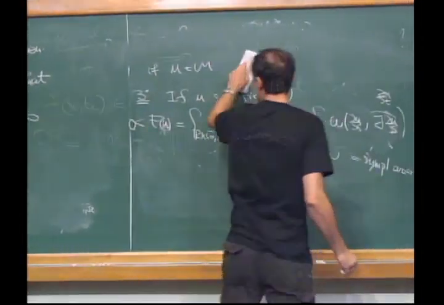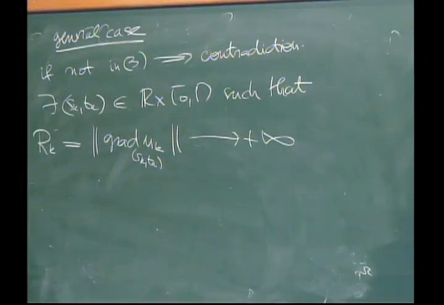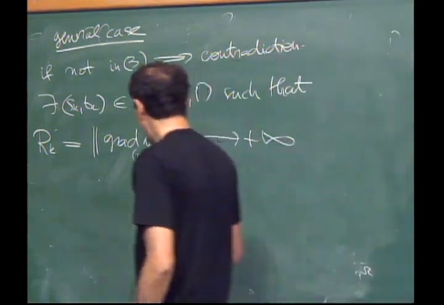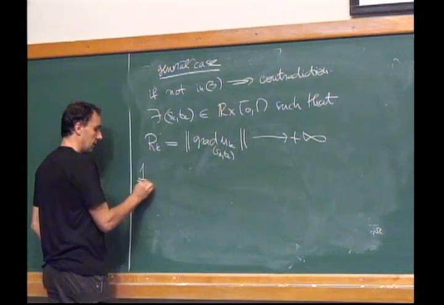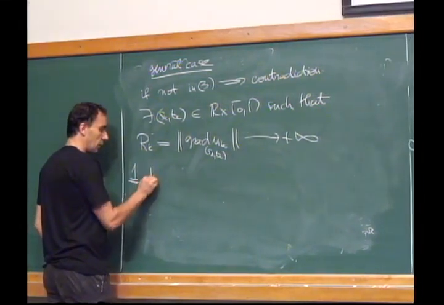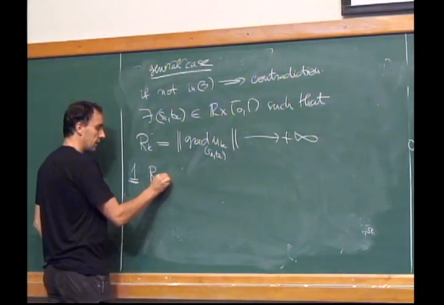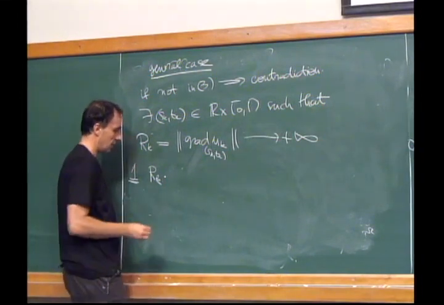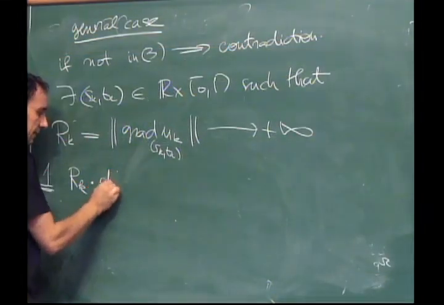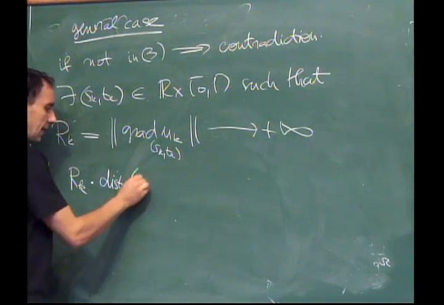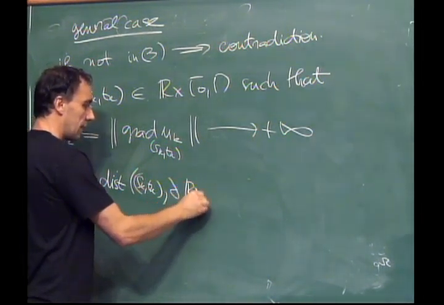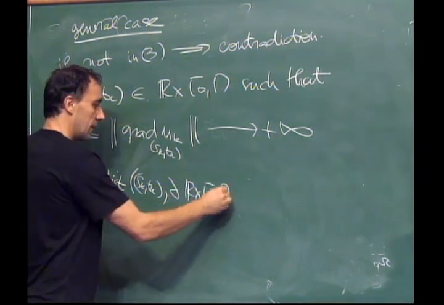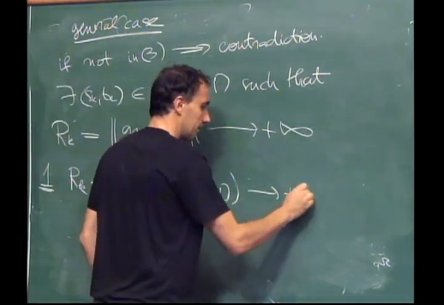Now, how to proceed? Actually, there are two cases. The first one is when R_k times the distance between (s_k, t_k) and the boundary of R times [0,1] goes to plus infinity.